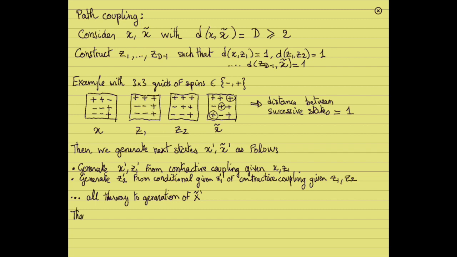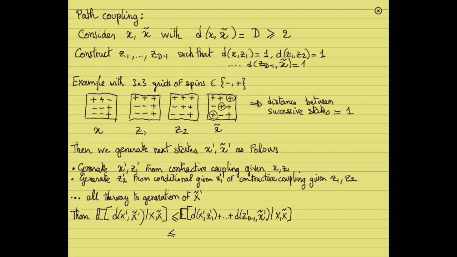So it's a construction that is going to only be used for theoretical purposes, but the consequence of this construction is that the expected distance between the generated states X prime and X tilde prime, by the triangle inequality, is less than the expected distance between X prime and Z1 prime plus the distance between Z1 prime and Z2 prime, and so on up to Z_{D-1} prime and X tilde prime. So that's simply introducing the intermediate new states and applying the triangular inequality.